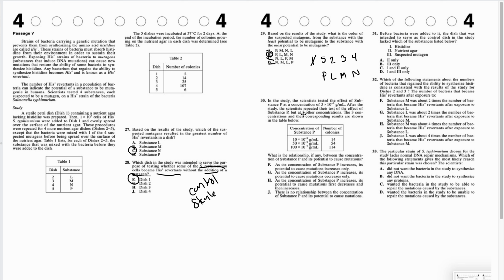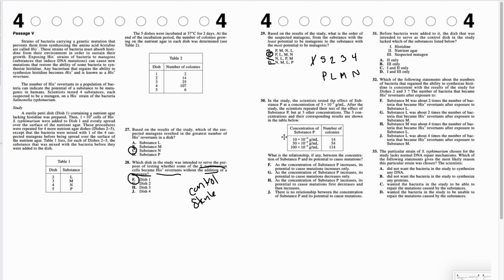Question 30. In the study, the scientists tested the effect of the substance P at a given concentration. After the study, the scientists repeated their test on the effects of substance P, but at 3 other concentrations. The 3 concentrations and their corresponding results are shown in the table below. Again, we have number of colonies, and the concentration increases from 10 to 50 to 100. What is the relationship, if any, between the concentration of substance P and its potential to cause mutations? As the concentration increases, its potential to cause mutations increases only.